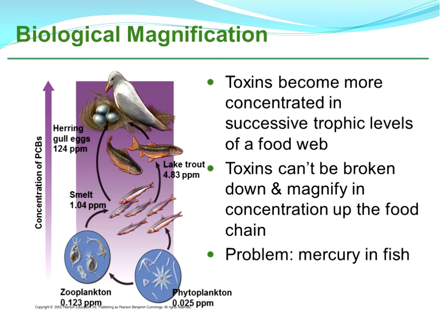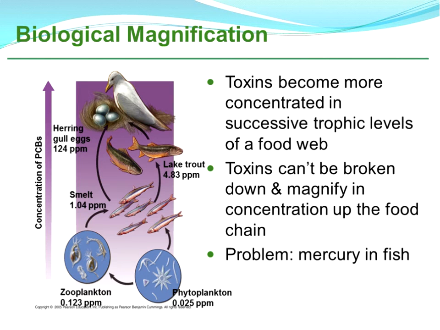Then when you get to the zooplankton, the next level, it's 0.123, so that's increased. If we move up to the smelt, it's 1.04, the trout 4.83, and by the time it gets to the herring gull eggs, we're at 124 parts per million. So it has magnified a lot through the eating of these different levels of the food web. They become more concentrated, and that's what's called magnification of those toxins.